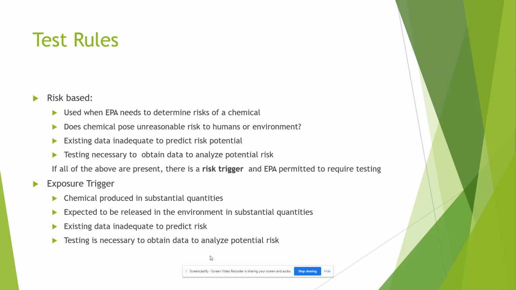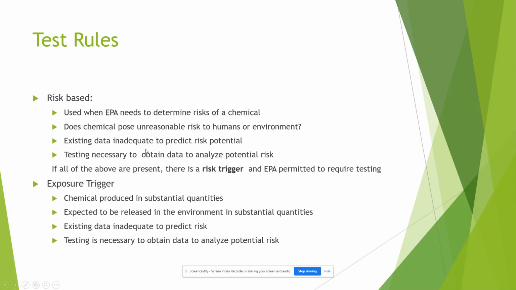So, test rules for manufacturers or processors to test their chemicals can be based on risk or based on exposure. If the EPA needs testing to determine the risk associated with the chemical, they use the testing to make a risk determination. It's very circular. Does the chemical pose an unreasonable risk to humans or the environment?